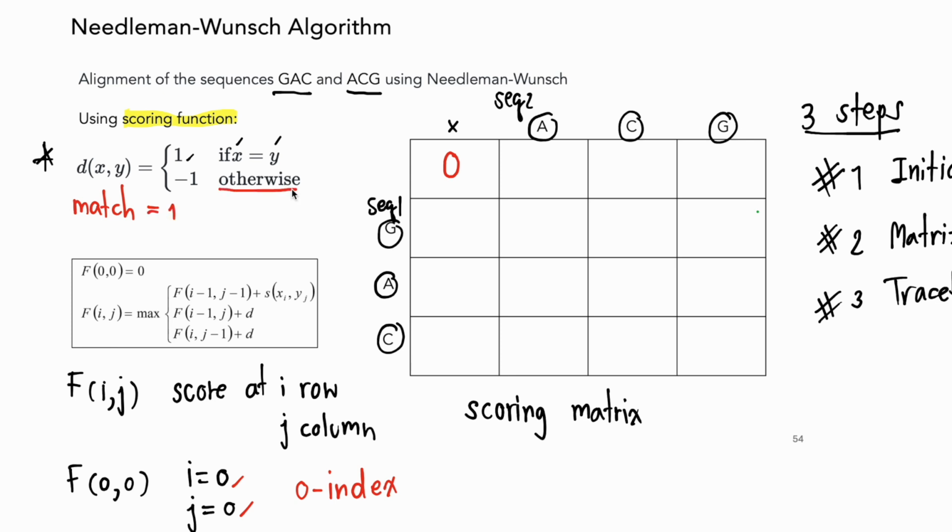And we have otherwise cases. If mismatch, we will put the score -1. And if we have a gap, we will put the score -1 as well.